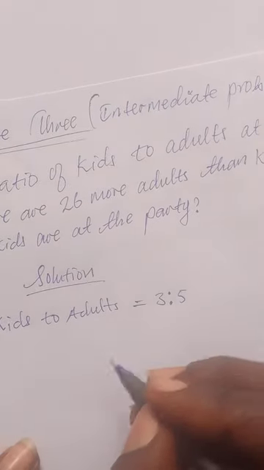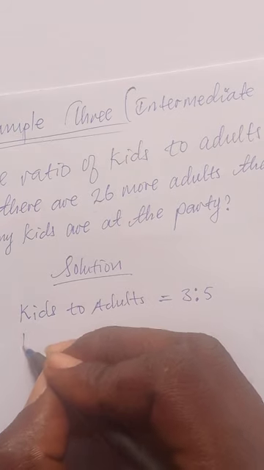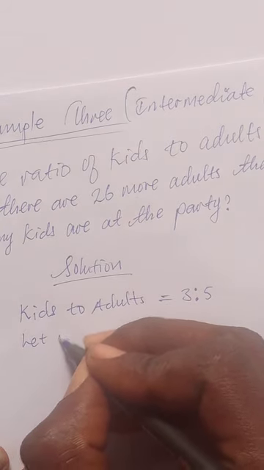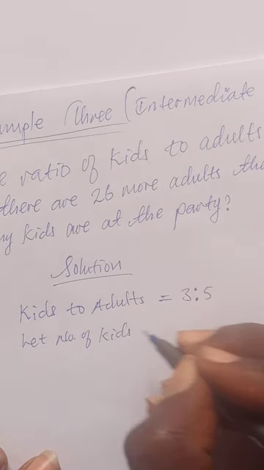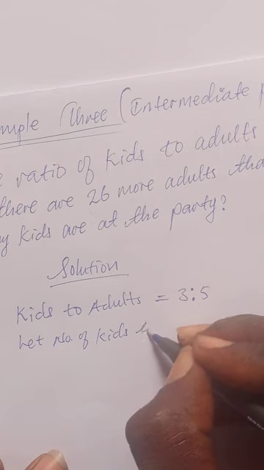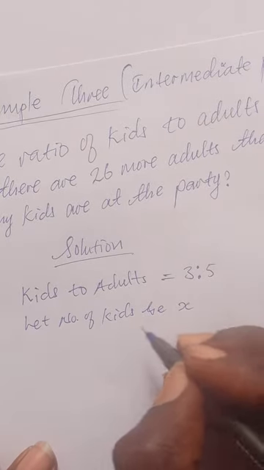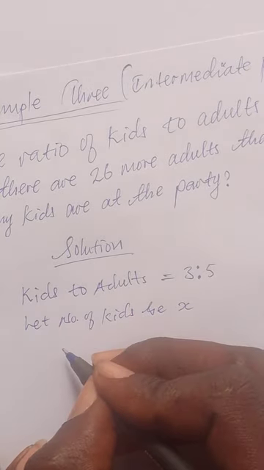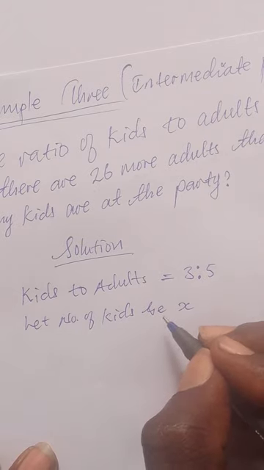Okay, now let's say let the number of kids at the party be X. So can we form a ratio of the number of kids to the number of adults?